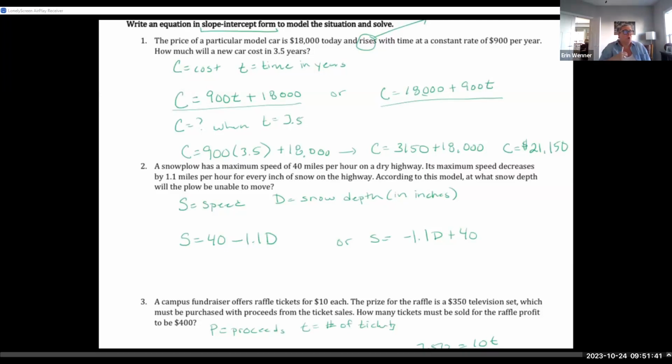Now, if I'm looking at when would the plow be unable to move, I'm saying, what is the depth of snow that would make the speed equal 0, right? If you can't move, you have no speed. So we're going to put 0 in for S, and we're going to solve for D. So I want you to go ahead and solve for D and let me know what you get.